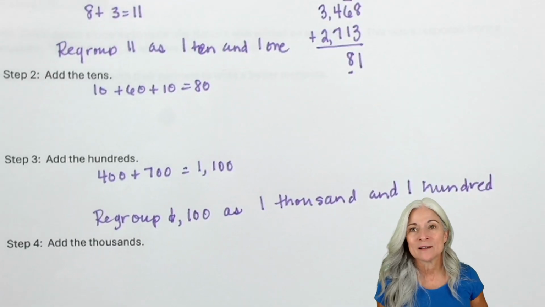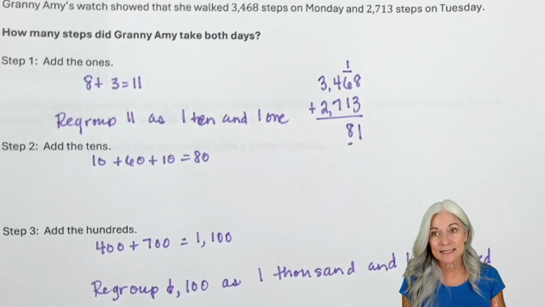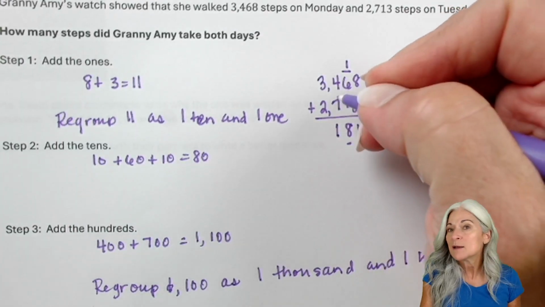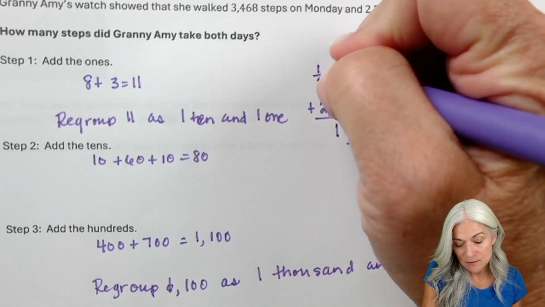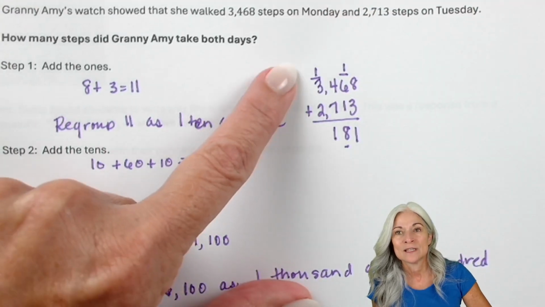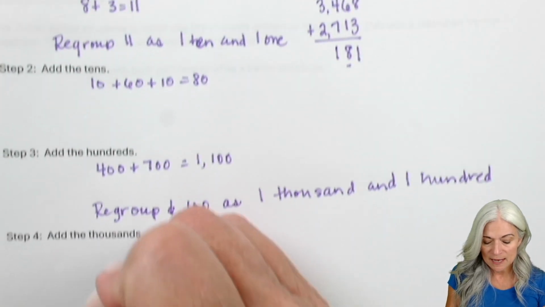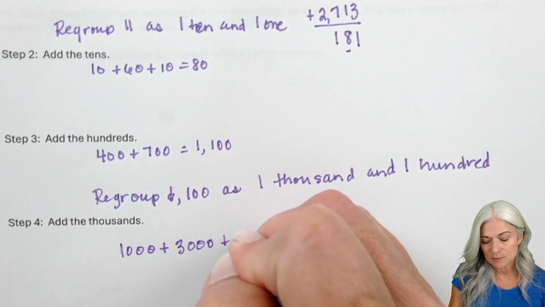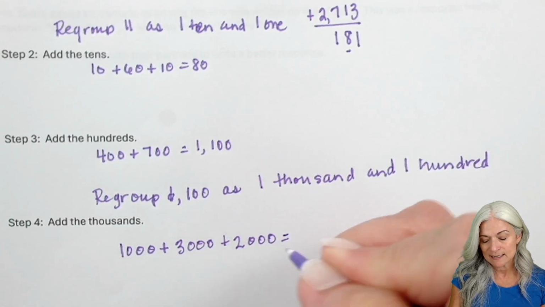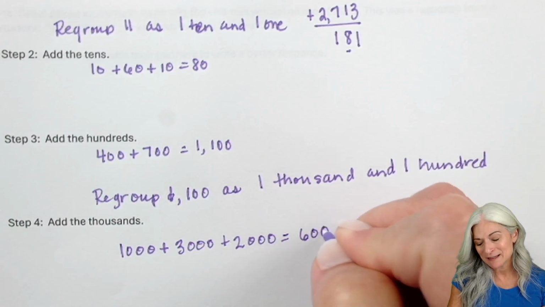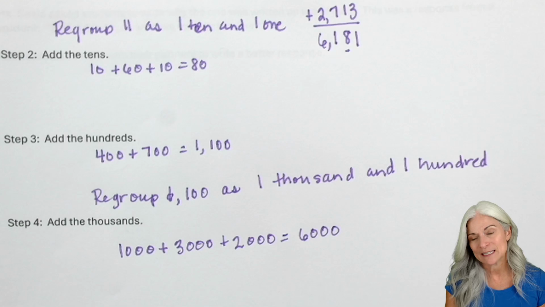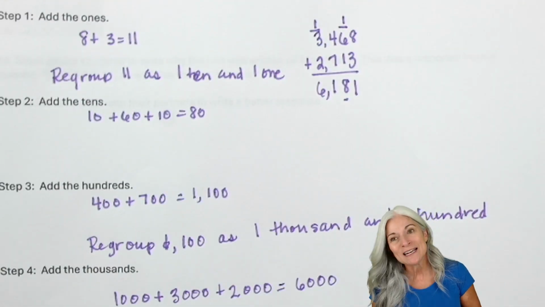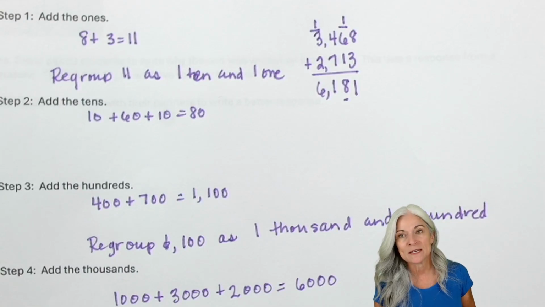So we would say, all right, 400 and 700 is 1,100, so that's 100, and I'm going to regroup the 1,000 with the other thousands. 1,000 plus 3,000 plus 2,000 gives us a total of 6,000. Okay, so again, just trying to get in the habit of using that regrouping terminology.